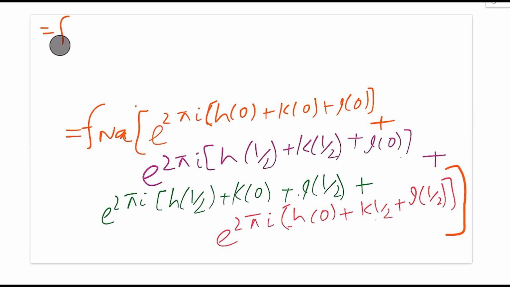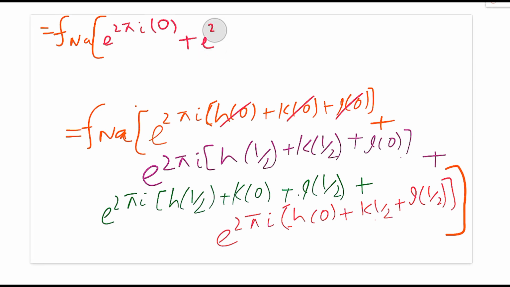So we will have F Na in its subscript, then the bracket starts. e to the power 2 pi iota, and after that we have h into 0 plus k into 0 plus l into 0. 0 plus 0 plus 0 is 0. Then plus sign, and then we have e to the power 2 pi iota, and then h into 1 by 2 is h by 2, then we have k by 2, and then l into 0, which will become 0, so we don't need to write that.